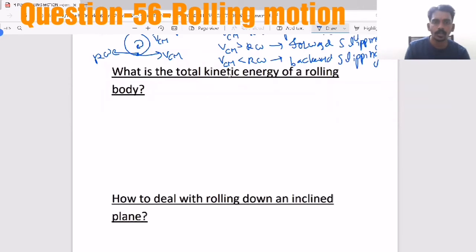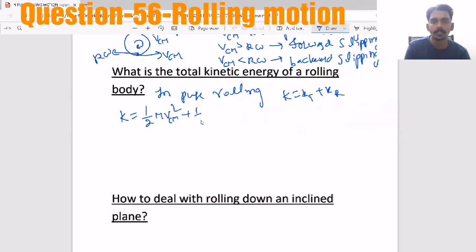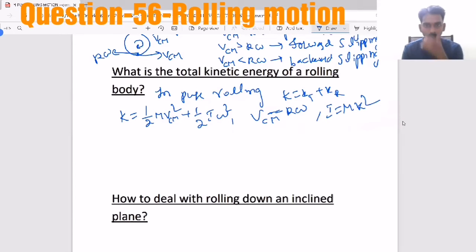So in pure rolling, the total kinetic energy is translational plus rotational, where translational means half m VCM square plus half I omega square, and VCM equal to R into omega. Now, the moment of inertia also sometimes they will give as mk square, where k is radius of gyration.